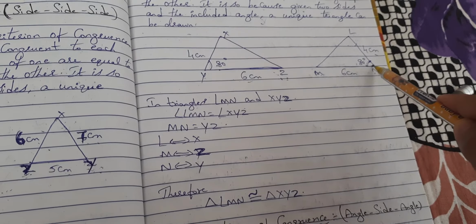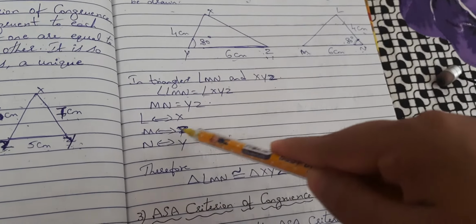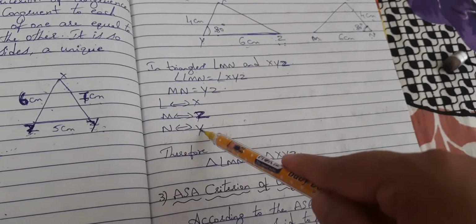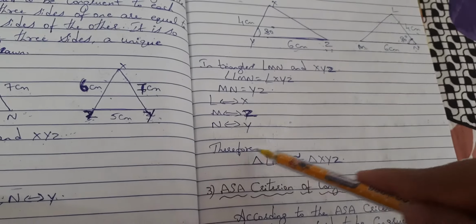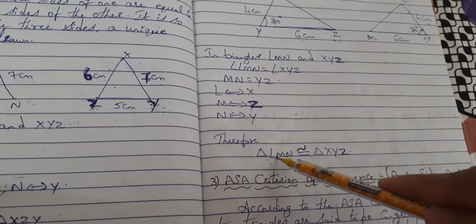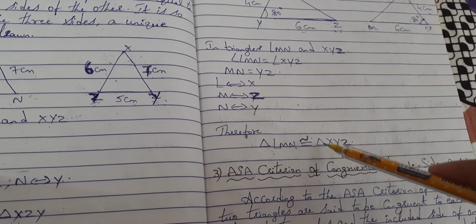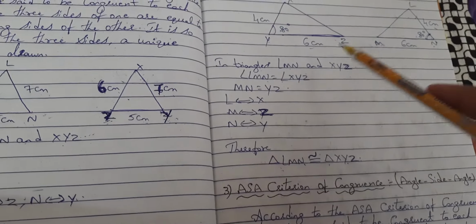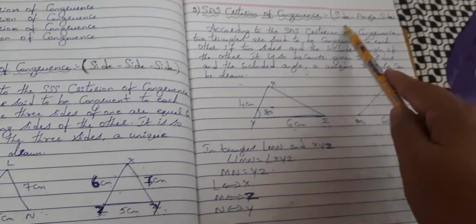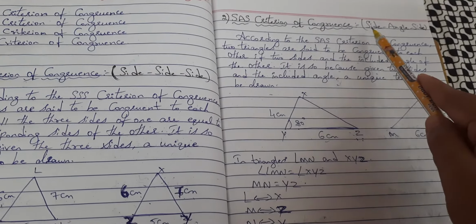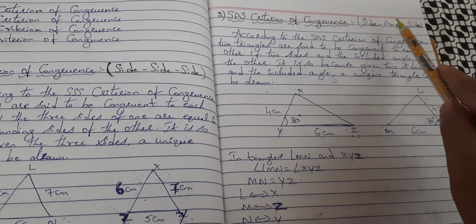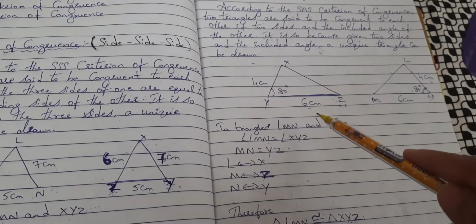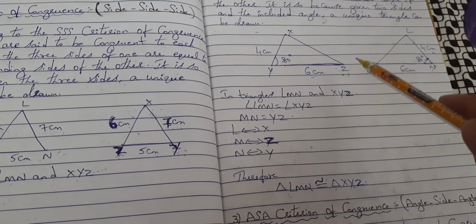So Y will be corresponding to N, M will be corresponding to Z. Therefore, triangle LMN is congruent to triangle XYZ. So this is the SAS criterion of congruency. SAS means side, angle, side.